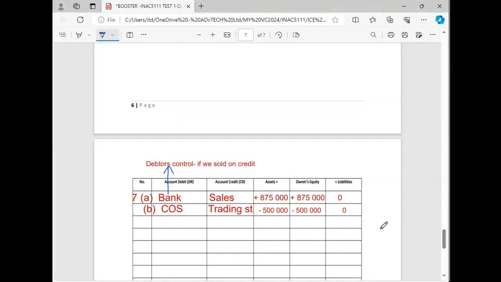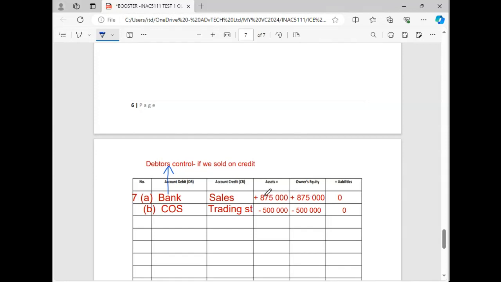So now, under your YouTube video, sir, you said that you should always check with your assets first. So if assets are decreasing, then your owner's equity or liability, depending on what question you asked, must decrease also. If it's increasing, then it increases on the other side also. So we write our signs depending on what our assets are.